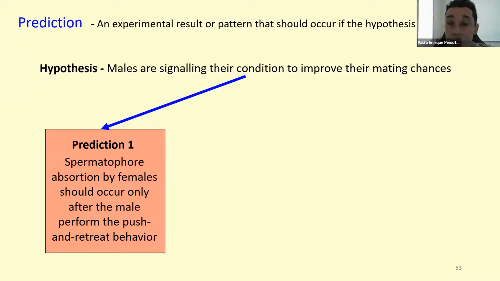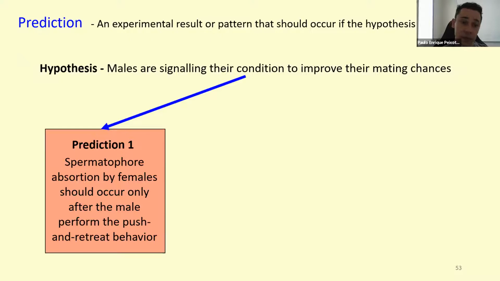So it was the spermatophore, and the male was transferring it to the female. And the female may choose if she wants to absorb it or not, okay? So this is my surrogate of mating. If the female absorbed the spermatophore, I may be confident that a mating had occurred, okay?